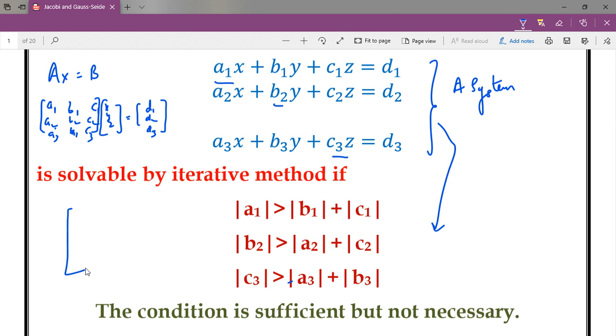When you take the coefficient matrix, with rows a1, b1, c1, a2, b2, c2, and a3, b3, c3, these diagonal elements, a1, b2, c3, must be greater than the other two, meaning the matrix must be diagonally dominant.